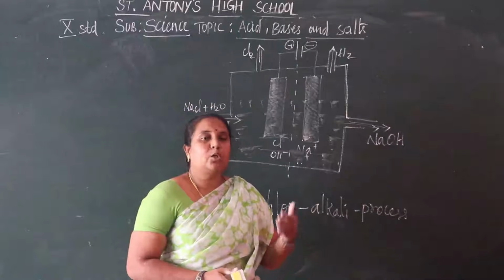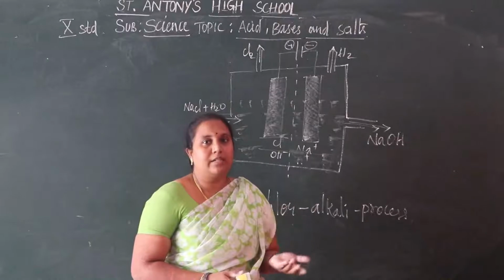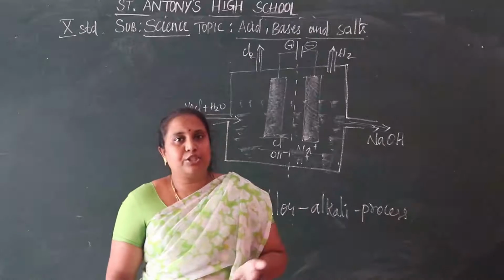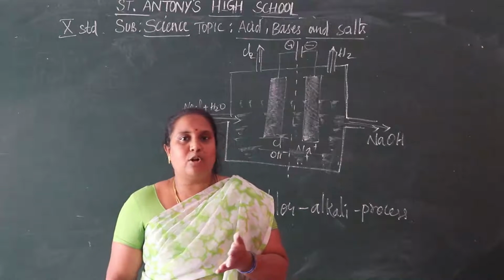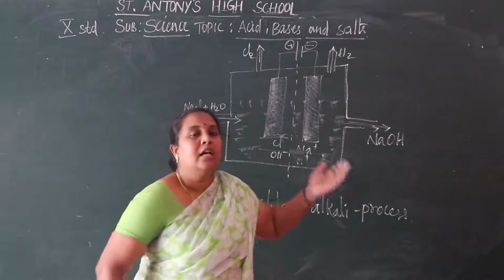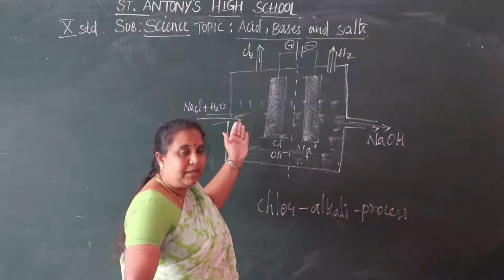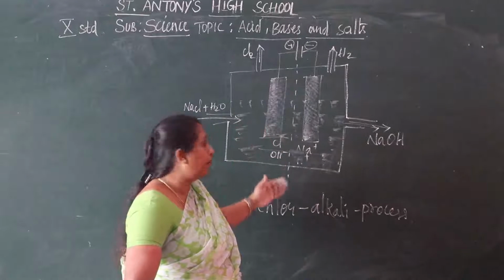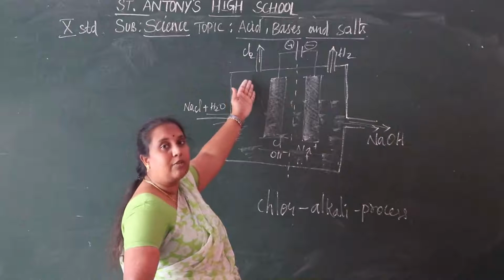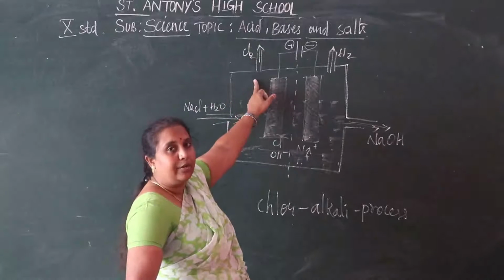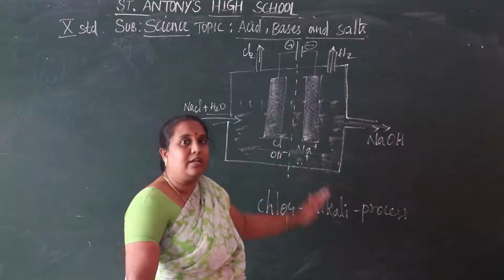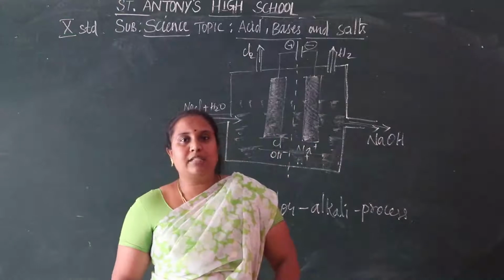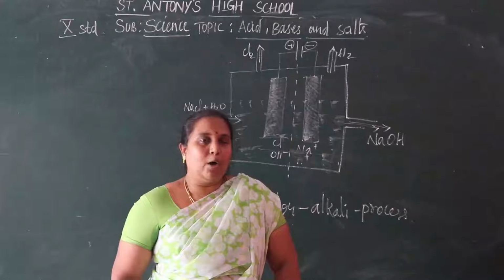Lime water, or slaked lime, that is calcium hydroxide, reacts with chlorine, which is released as a byproduct of the chlor-alkali process. This chlorine reacts with calcium hydroxide and we get calcium oxychloride, that is bleaching powder.